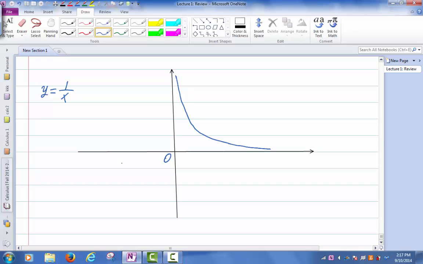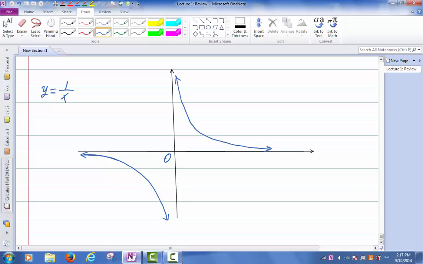And what happens when x is negative? Well, same thing happens, except that now the function has negative values. So now when x is negative, the graph looks like this. Is everybody okay? Is that making sense? So that's the graph of 1 over x.